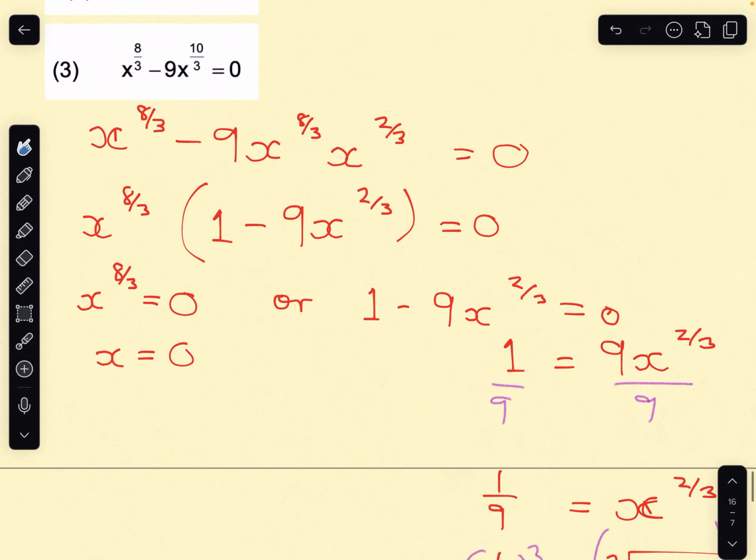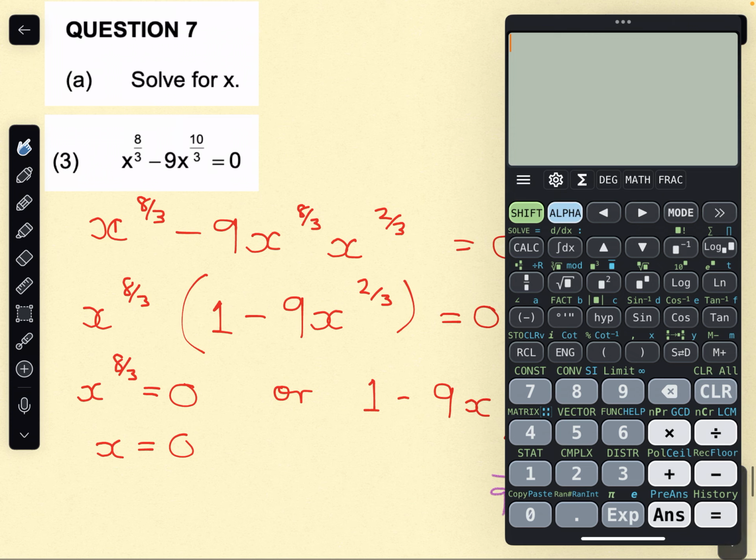And let's just test that real quick. So I'm gonna store that, shift store inside B. So then we have alpha B to the power of 8 over 3 minus 9, and then that's 10, right? And that does give us 0.